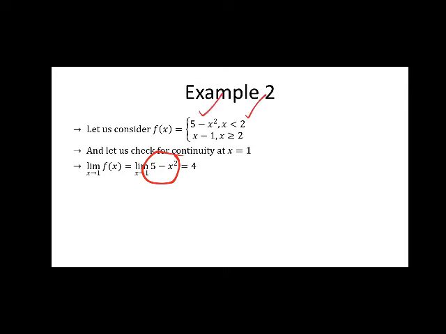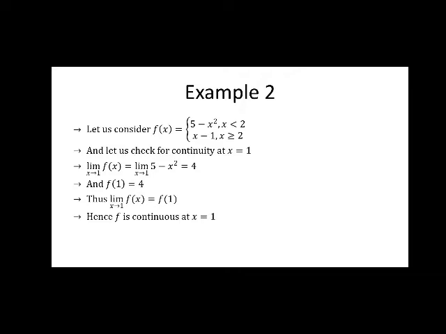Now the limiting value of the function at x equals 1 is 4, and similarly its functional value is also 4. So they both match, and as they match I can say that the function is continuous at x equals 1. I think it is pretty clear.